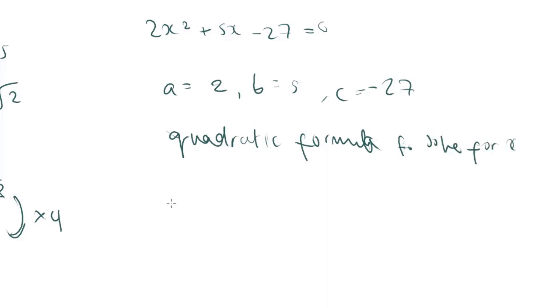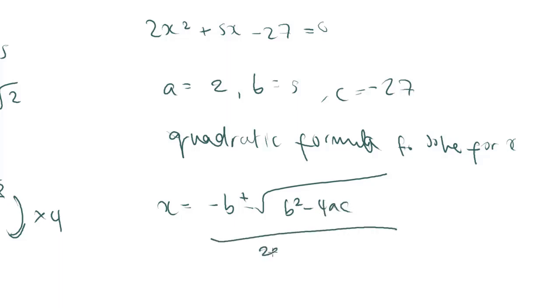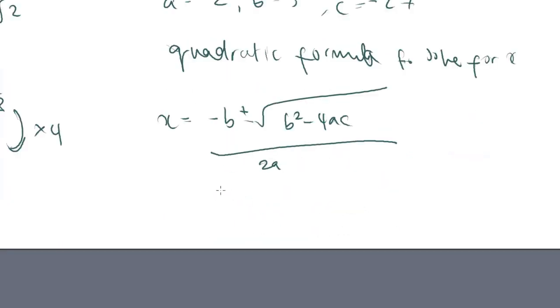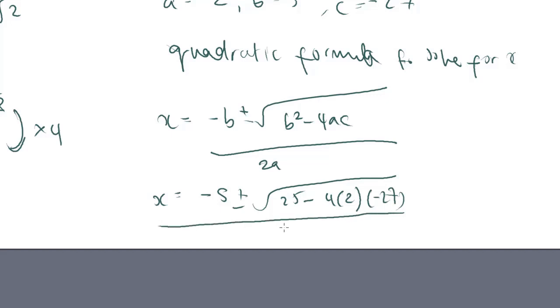So we have x equals minus b plus minus the square root of b squared minus 4ac over 2a. So we get x equals minus 5 plus minus the square root of 25 minus 4 times 2 times minus 27, over 4.